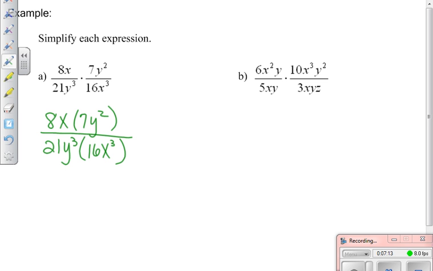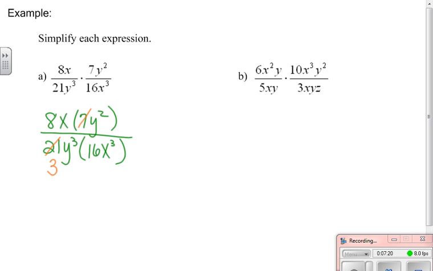So now I can go ahead and I can cancel 7 and 21, have a common factor of 7, that leaves 3 in the denominator, 1 in the numerator. 8 and 16 cancel, leaving 1 and 2. 8 divided by 8, remember they're not disappearing, they're turning into 1. If I think about the variables, x and x cubed cancel, leaving x squared in the denominator.